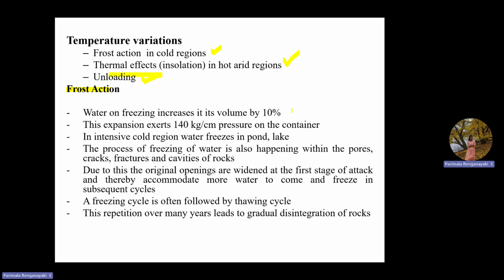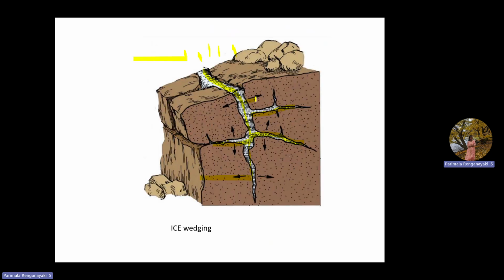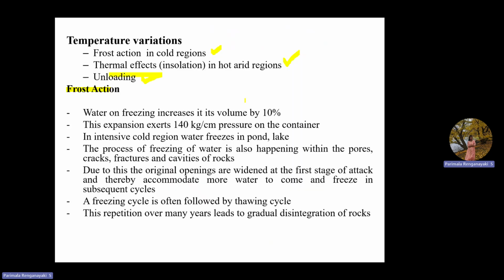When its volume increases, this expansion exerts 140 kg per centimeter pressure on the container. So if you see here, this side and this side, per centimeter 140 kg pressure is exerted from this ice to the container. Here the container, inside the container, is rock.